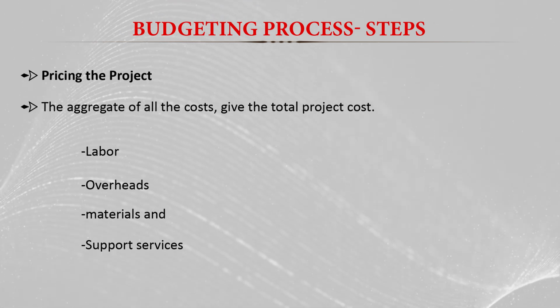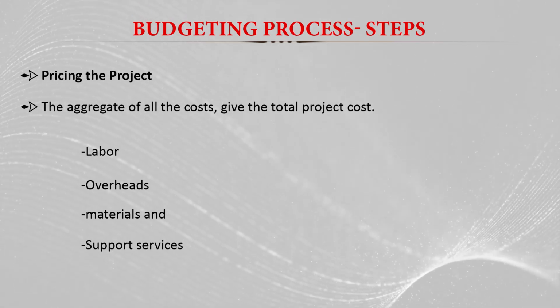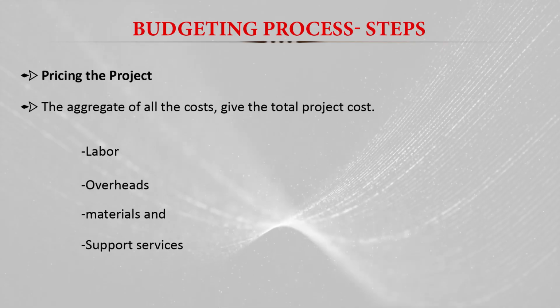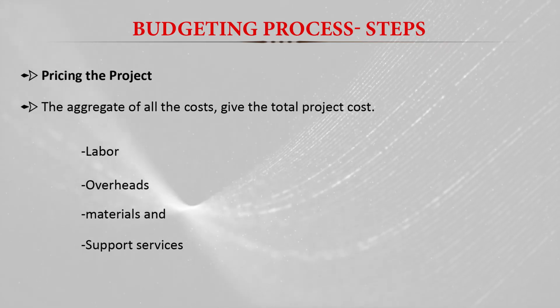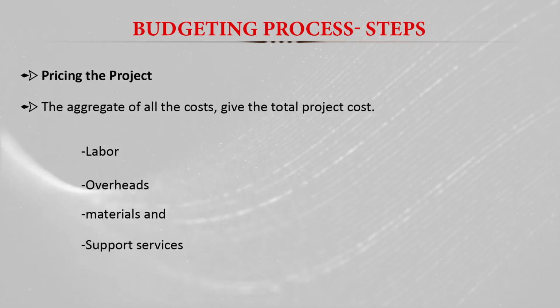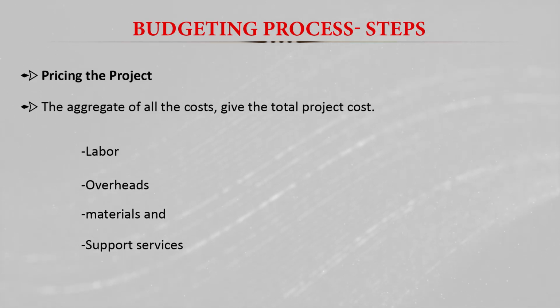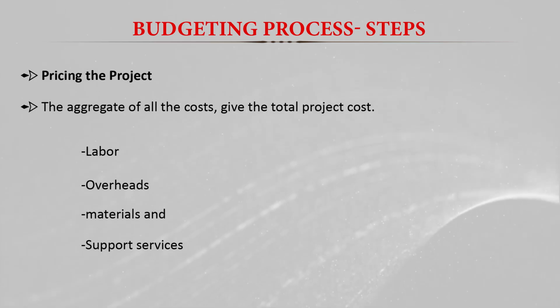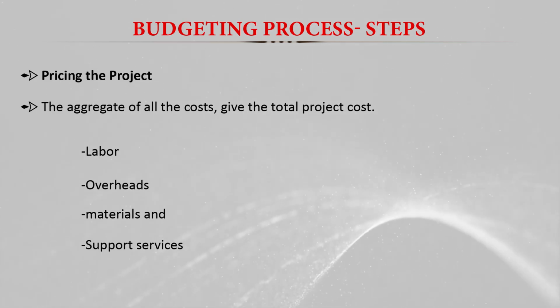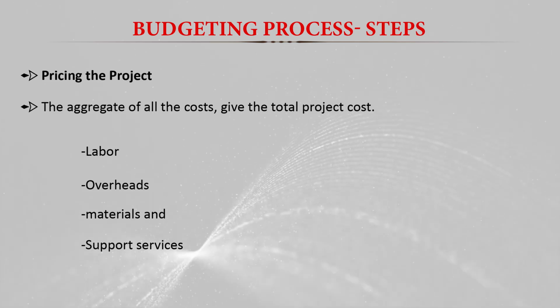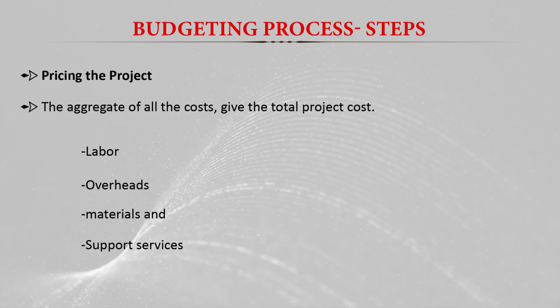In this aggregation process, we can make some provision for the expected variation in the prices of the different items we are using, or some deviation due to unexpected requirements in the project. That type of projection we can also make and include in the budgeting.